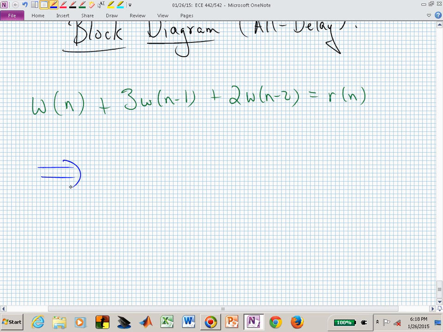One way we could do that is we could solve for the highest indexed quantity of our dependent variable, W of n. Meaning, let's say W of n is now R of n minus 3W of n minus 1 minus 2W of n minus 2.